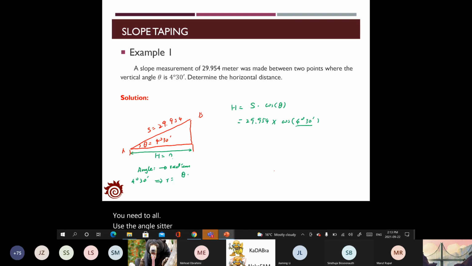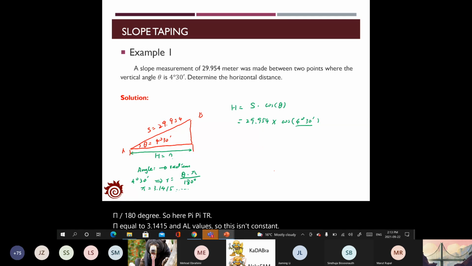For any angle theta, you use theta times pi divided by 180 degrees. Here pi is 3.1415 and other digits, so this is the constant.